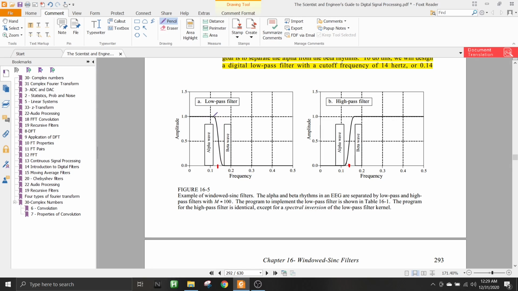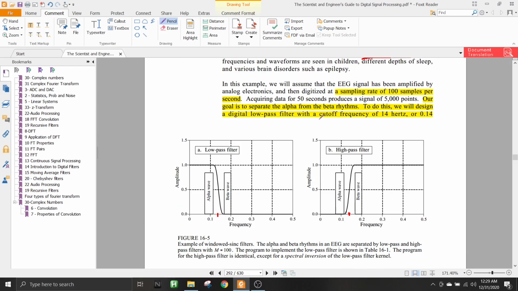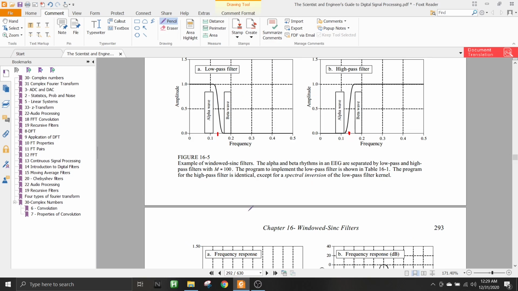If the cutoff frequency was here, then it would not be able to distinguish them. It would treat the alpha wave and beta wave as being within the whole low pass region, so it won't be able to distinguish them. This is the reason we select the cutoff frequency exactly at this hertz, because this one allows us to easily distinguish between the two bands.